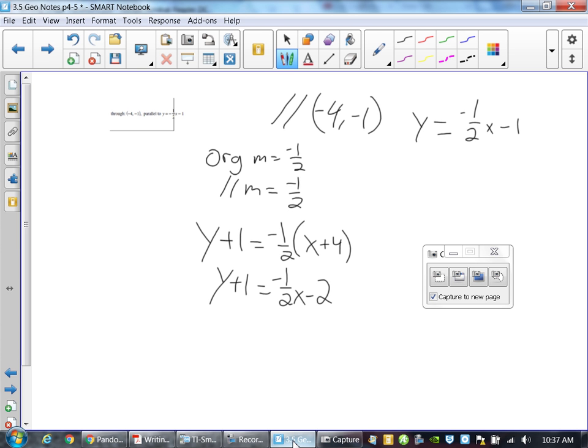And then subtract the 1. Negative 2 minus 1 is not negative 1. It's negative 3. It's negative 3. There's a lot of little mistakes. I got +7.